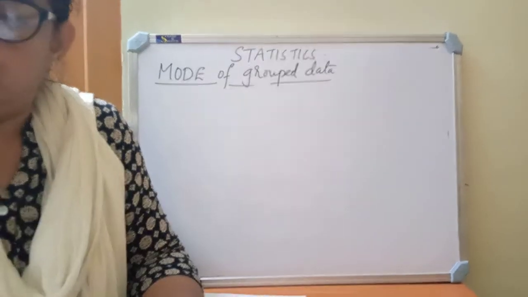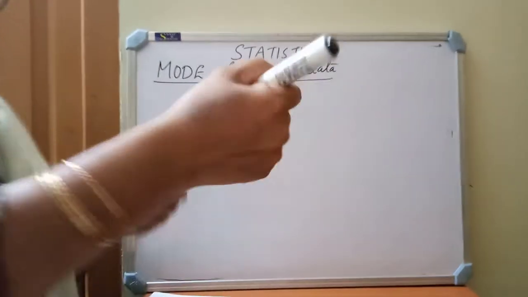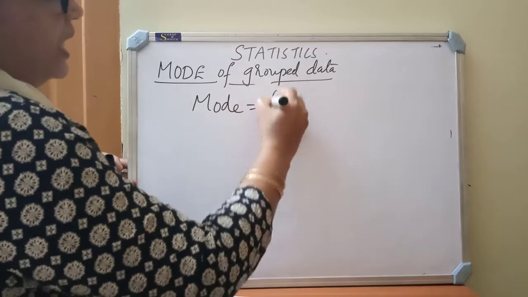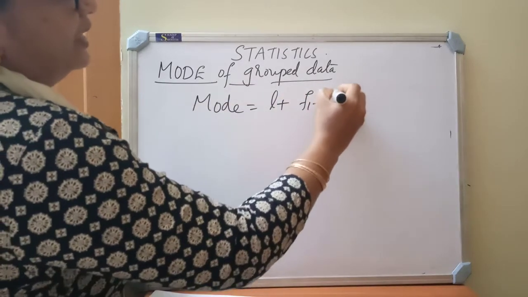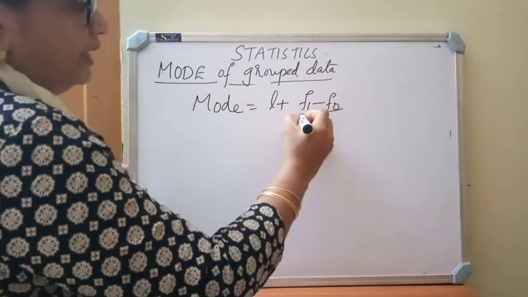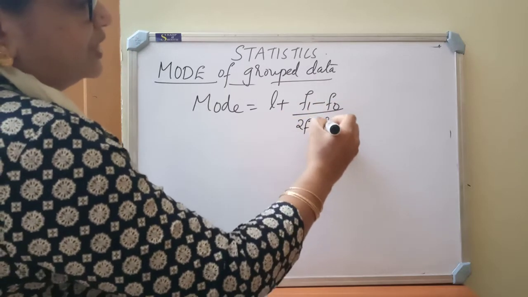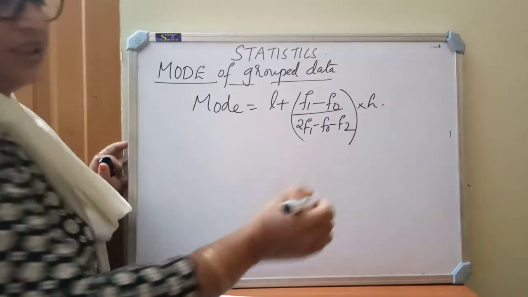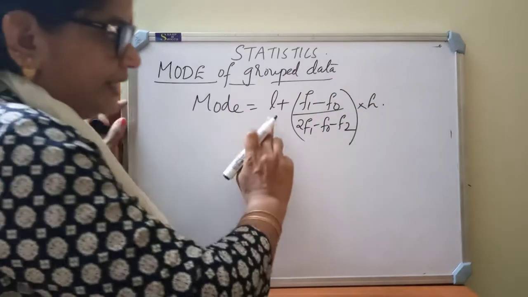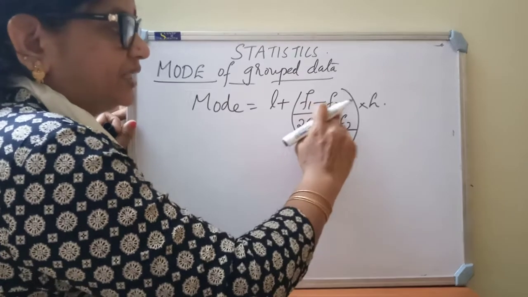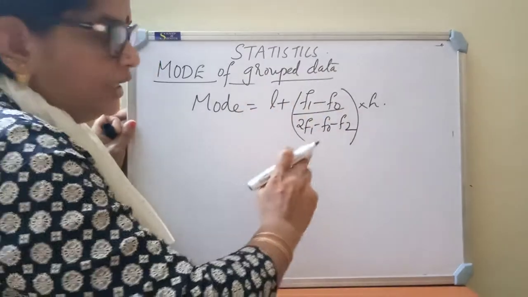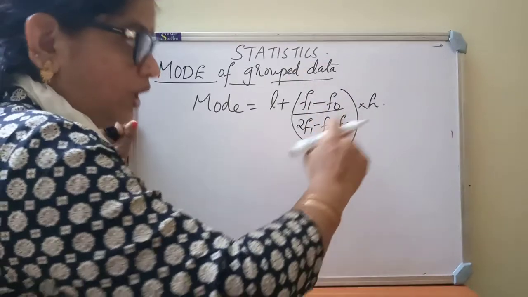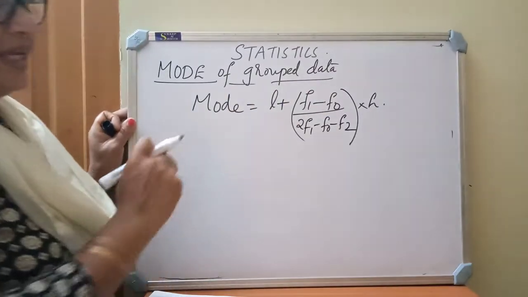Mode equal to L plus F1 minus F0 whole divided by 2F1 minus F0 minus F2, the whole into H. See that, the mode formula is L plus F1 minus F0 whole divided by 2F1 minus F0 minus F2, the whole into H. What is the L here?